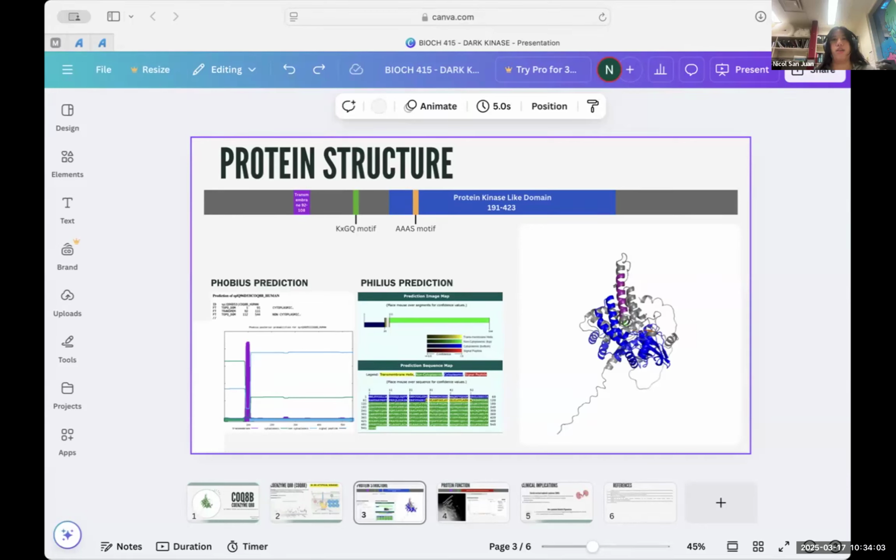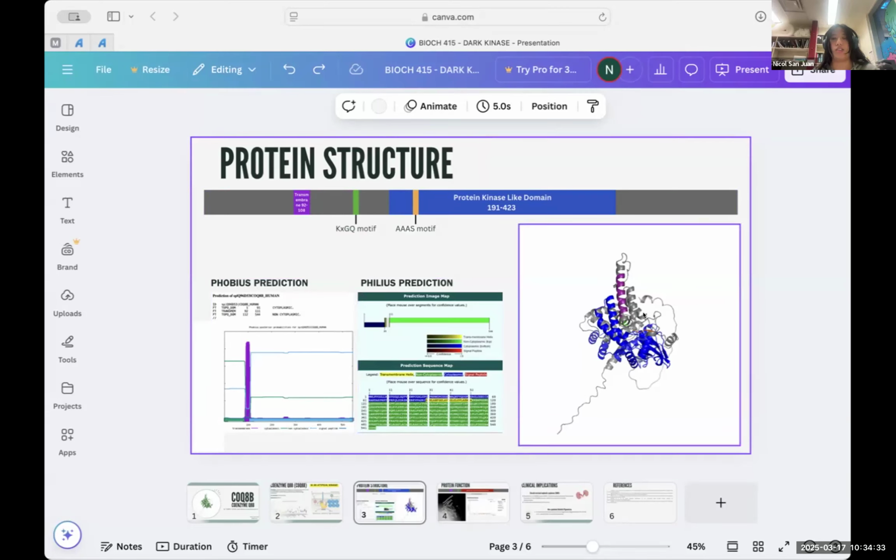Because of this domain, it's thought to have an auto-inhibitory mechanism that prevents typical protein kinase activity. There is other research that suggests coenzyme Q8B can act as a kinase for phosphorylating coenzyme Q3, which is another component of the coenzyme Q metabolon, but further research is needed to fully understand the catalytic properties of coenzyme Q8B.